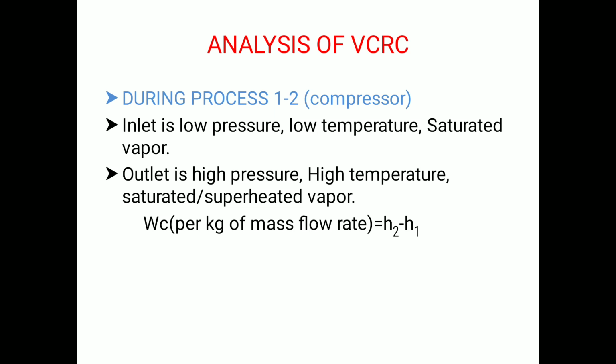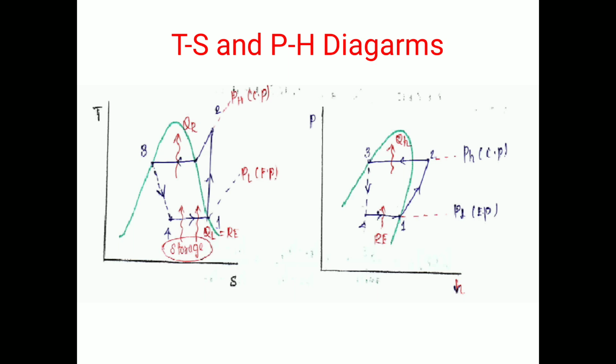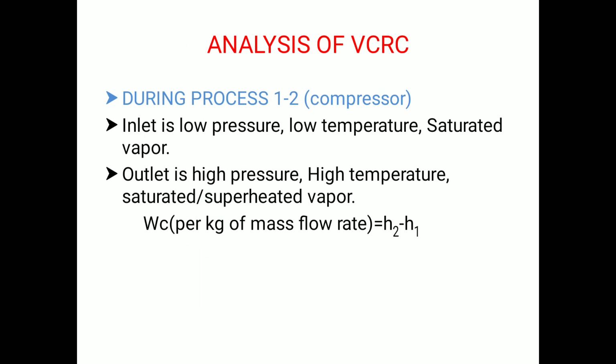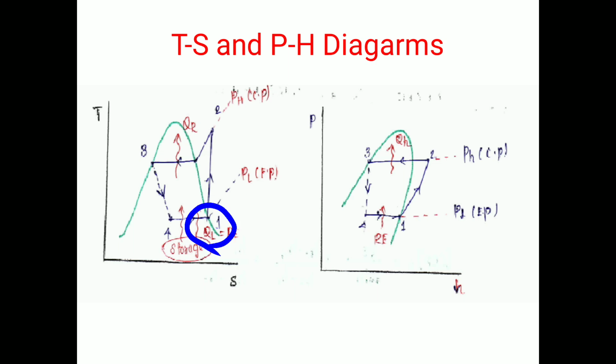So this is the inlet condition of circulating refrigerant. So if you see the TS and pH diagram, this point 1 is the entry point of compressor, before the entry into the compressor. So this point, as we discussed, is at a state of low pressure, low temperature, and also in a saturated vapor state.